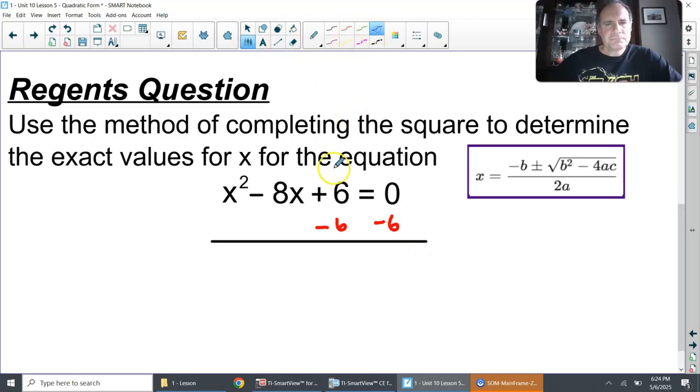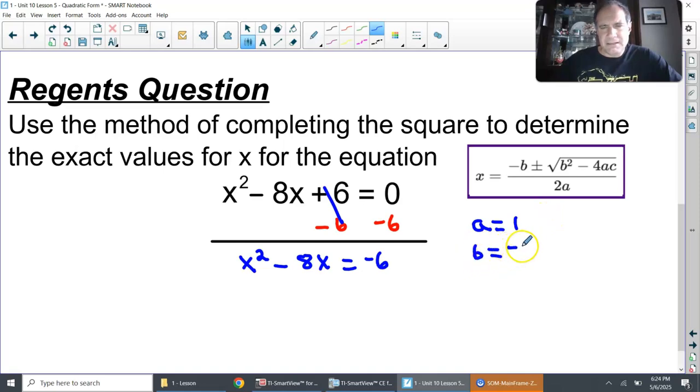So this cancels. You have x squared minus 8x equals -6. And then we're just going to put a equals 1, b, even though you don't need the c, but I'm just going to leave it that way.